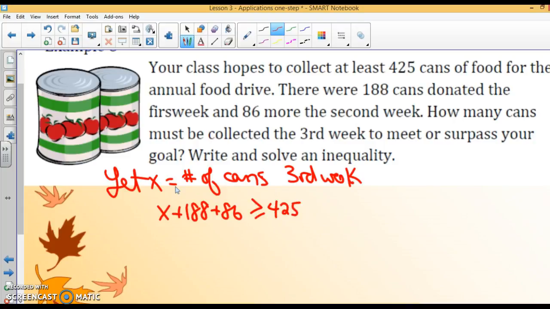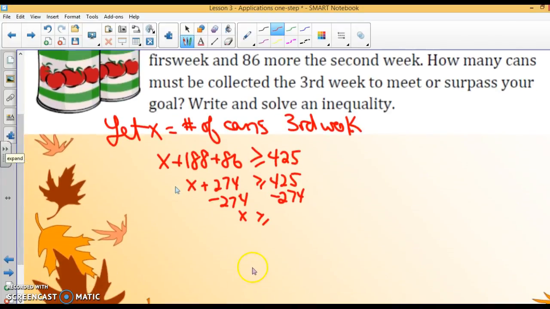When I solve this, x plus 274 has to be greater than or equal to 425. Subtract 274 from both sides. Now remember, we don't need to switch our inequality unless we're multiplying or dividing by a negative. So, at least, we need at least 151 more cans.